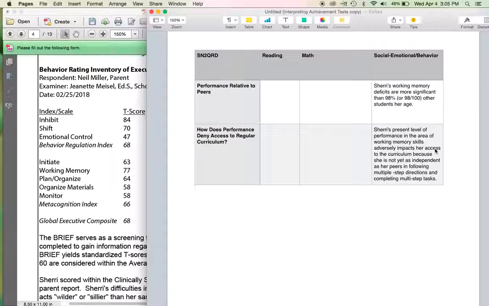You can talk about interventions that the child might need in terms of the skills that they need to work on or improve, but this would not be a place in the present level where we would talk about the student's eligibility for any particular service or placement. That will be a team decision made together with the IEP team, and it would be considered predetermination for you as the writer of the IEP to come out and say at this point that Sherry needs special education services to address her working memory or to teach her multi-step problem solving skills.